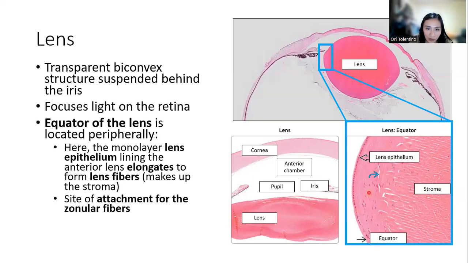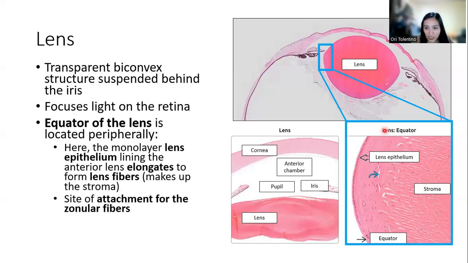You can see here, they become very thin and long to form your lens fibers, which make up the lens stroma. Again, anterior epithelium goes to the equator and becomes long cell fibers that make up the stroma.